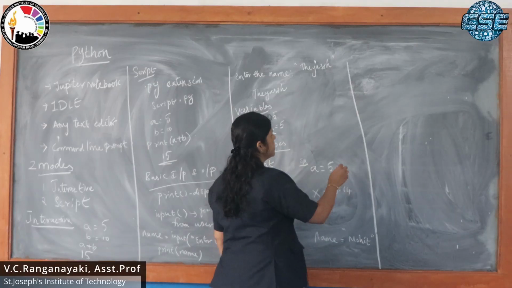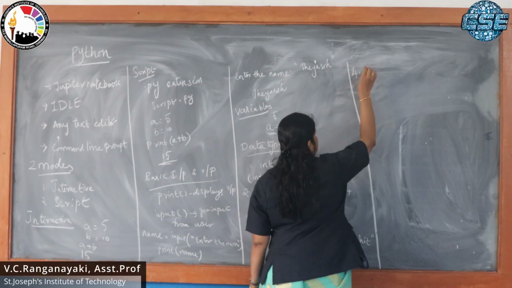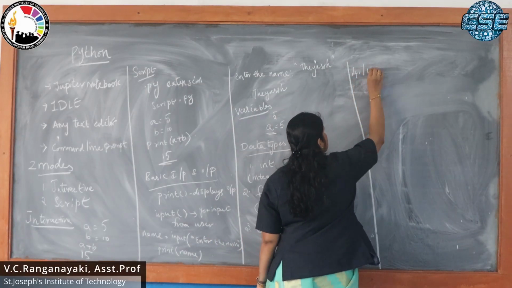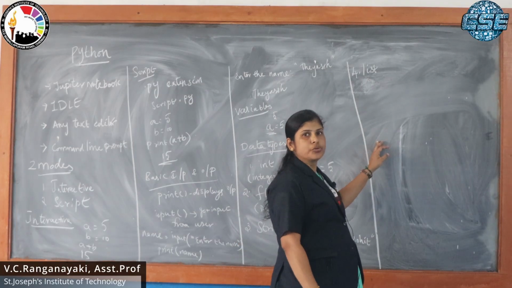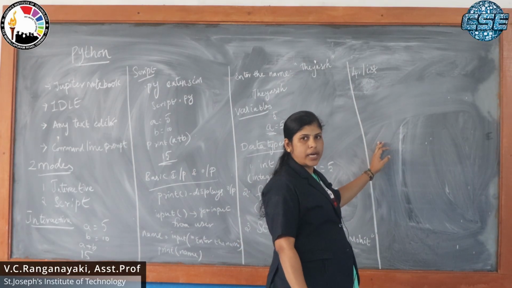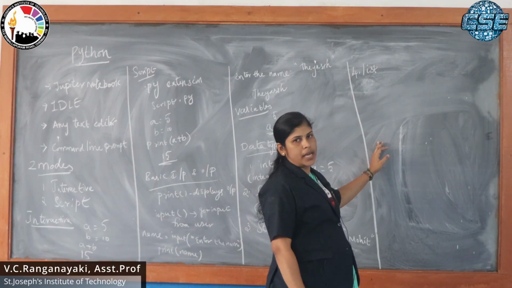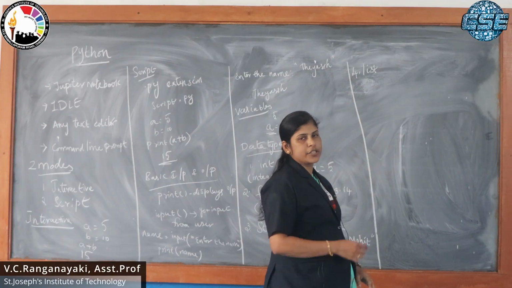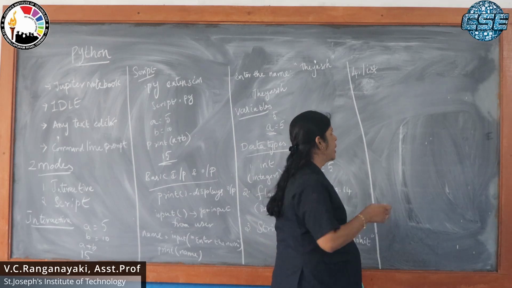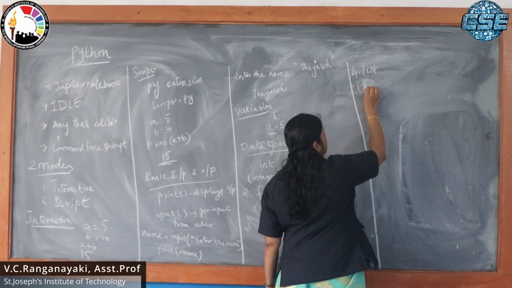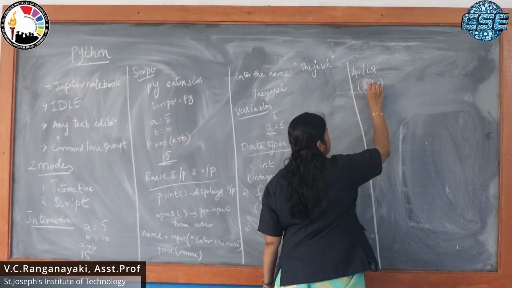Okay. Next type is list. List resembles an array. We know the array concept, right? In C, we studied that a collection of similar items under a common name is an array. It is similar. In Python we are using list.